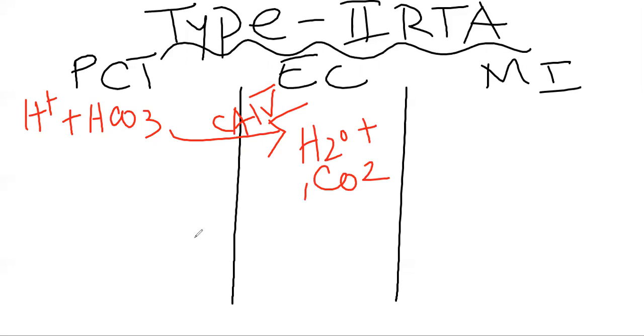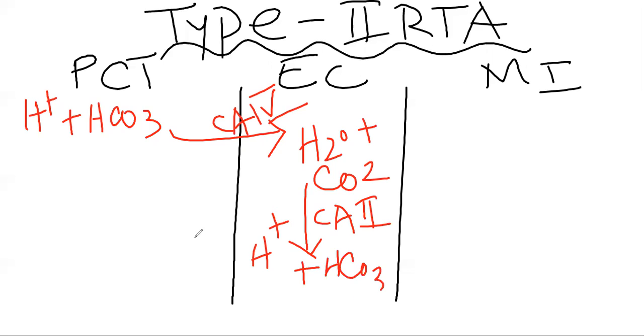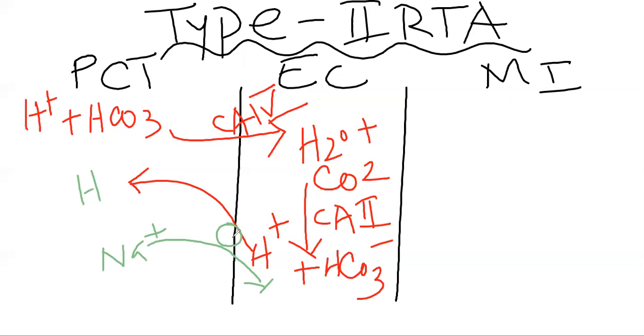Subsequently, by the presence of carbonic anhydrase type 2, it will produce hydrogen ion as well as bicarbonate. Now this hydrogen ion will be transported to the lumen by the secondary active transport system, the sodium hydrogen ion exchanger. So hydrogen ion will be secreted and sodium ion will enter the cell.